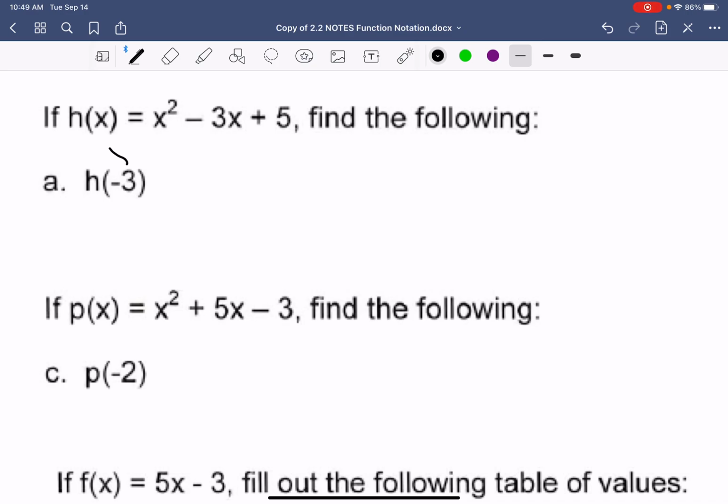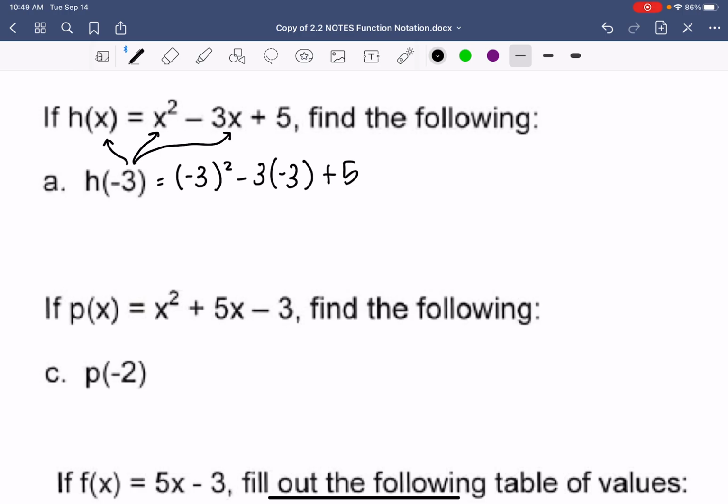So we have h of negative 3, so I'm going to plug in a negative 3 everywhere there's an x. So I have x squared, so negative 3 squared, minus 3 times negative 3, plus 5.